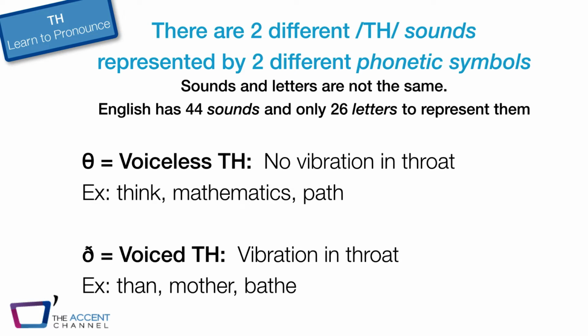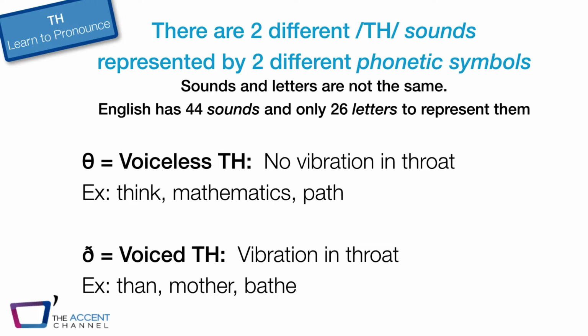Now, there are two different TH sounds in English, and they're represented by two different phonetic symbols. Now remember, sounds and letters are not the same thing in English. We have 44 sounds, but only 26 letters to represent them. And this is just one of the reasons why English is such a difficult language to pronounce.